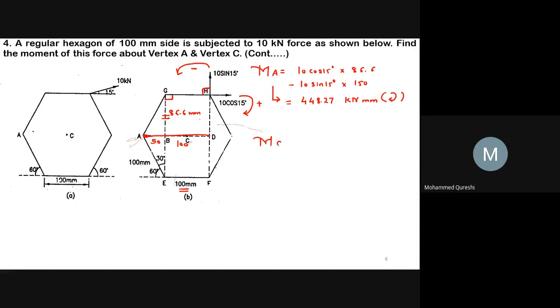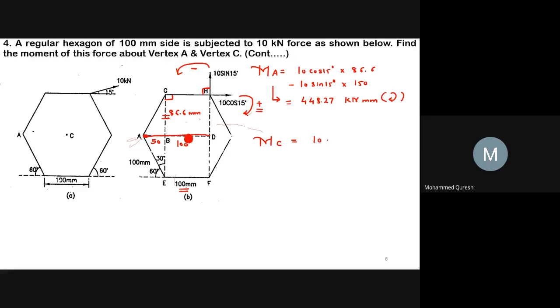Now we will go for moment about center C, means we have to calculate the moment about this point, center point C. So our first force will be 10 cos 15 in clockwise direction, hence it will be positive.